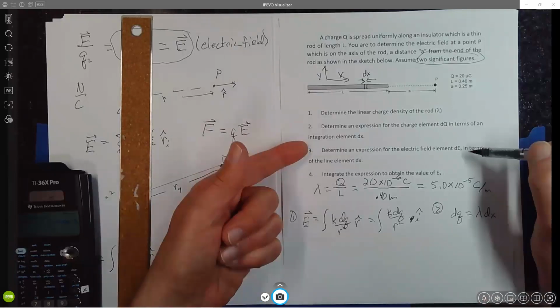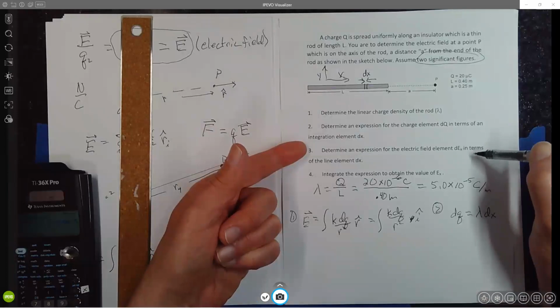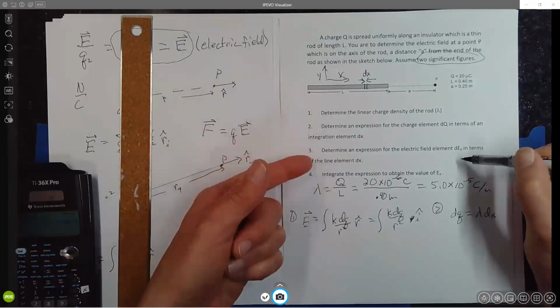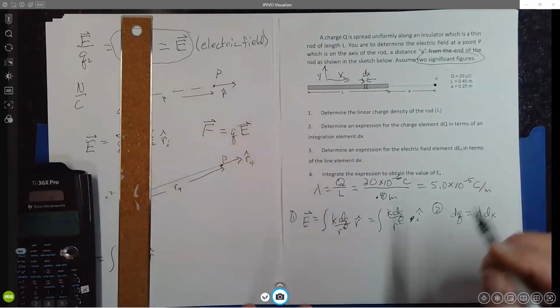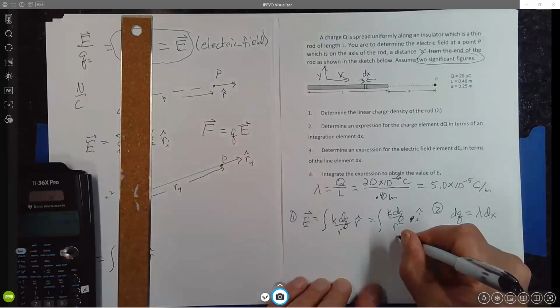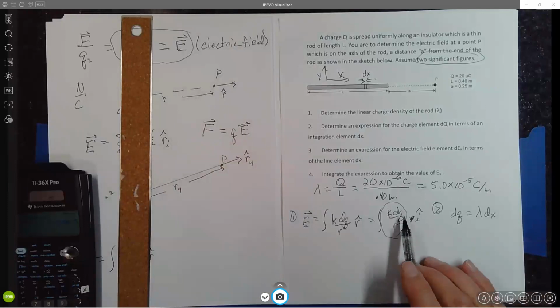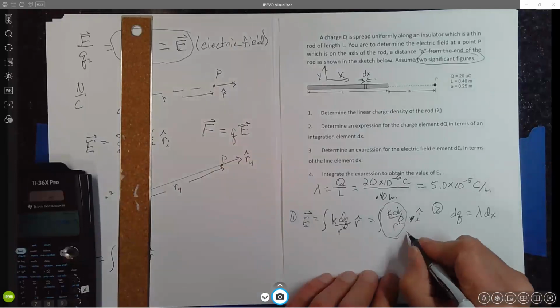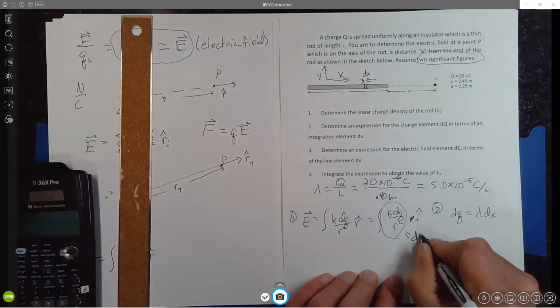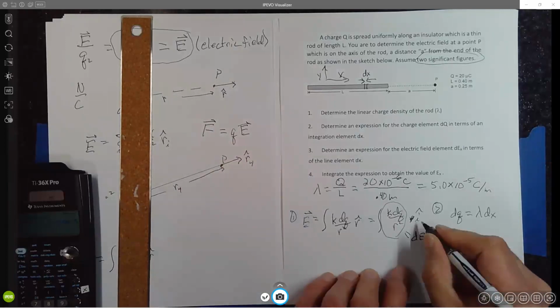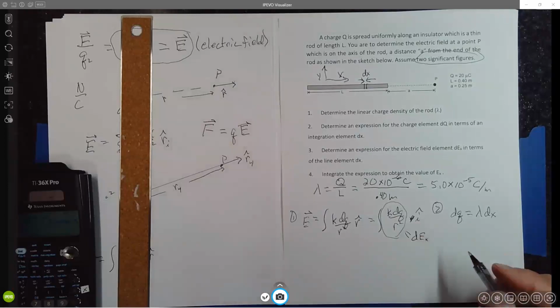Let's see, determine an expression for the electric field dE sub x in terms of the line element dx. This will be the electric field due to some little chunk dq. I hat is going to be a constant all the way through the integral, so I don't have to worry about that.